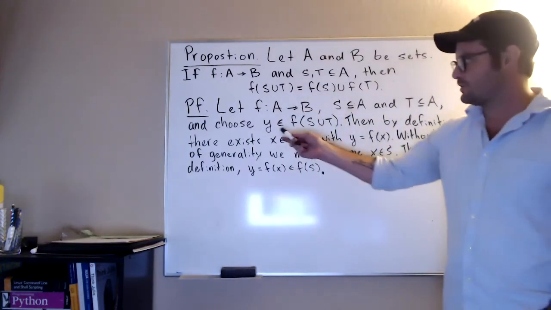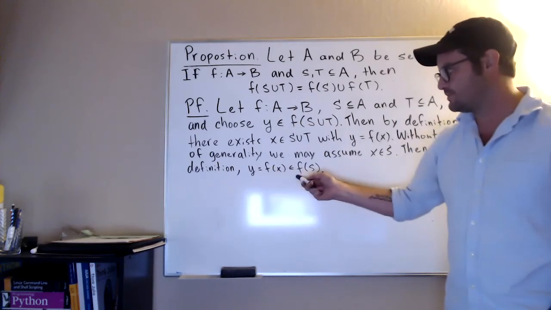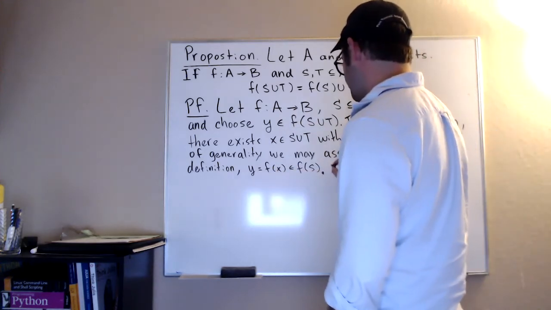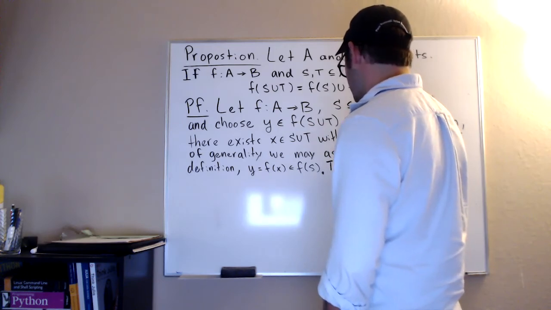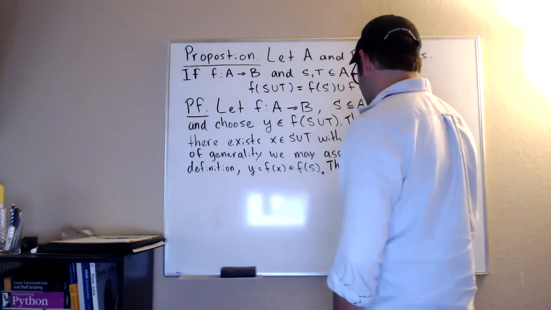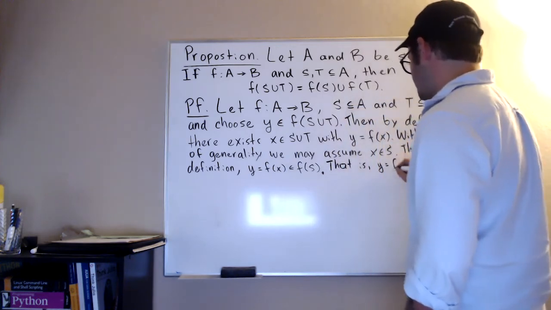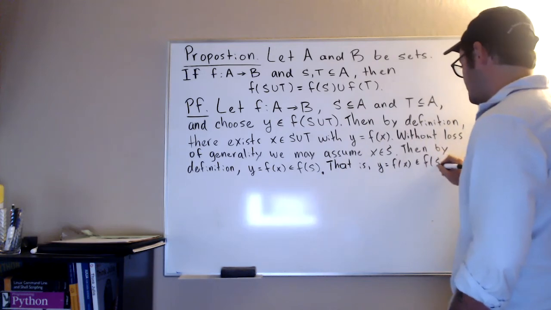So we've chosen y arbitrarily in this set, and we get that y must be in that set. So we can say that y, which is equal to f of x, is an element of the union of these images.